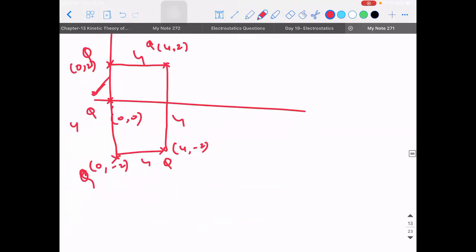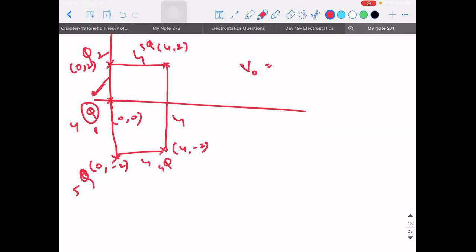One way to solve this, if I take this as 1, 2, 3, 4, and 5, you need to calculate potential energy between 1 and 2, 1 and 3, 1 and 4, 1 and 5 and add them. That will give you the answer. Or calculate the potential at origin due to all the charges. Once you calculate the potential at origin due to all the charges, multiply the result with Q, that will give you the answer.